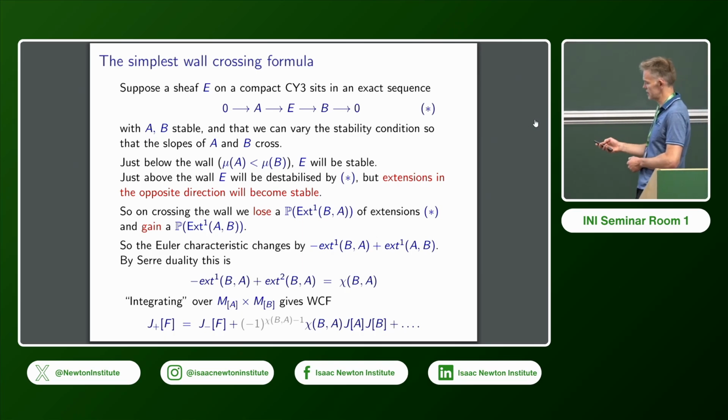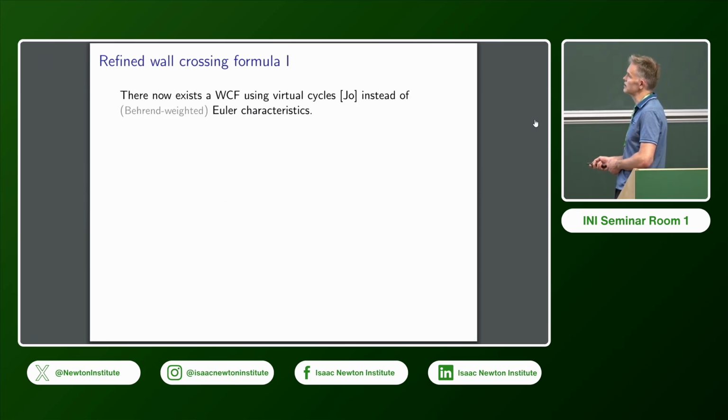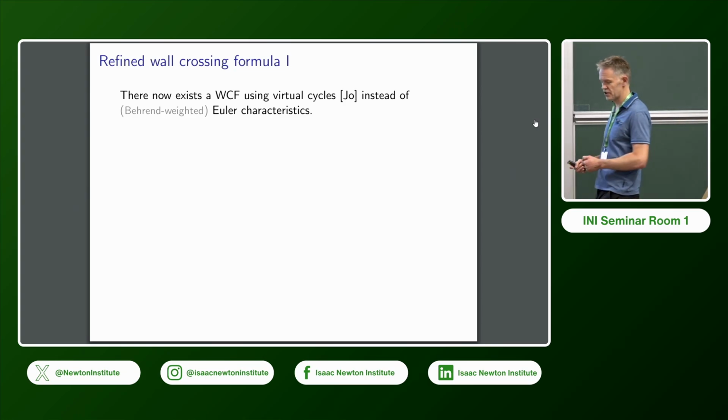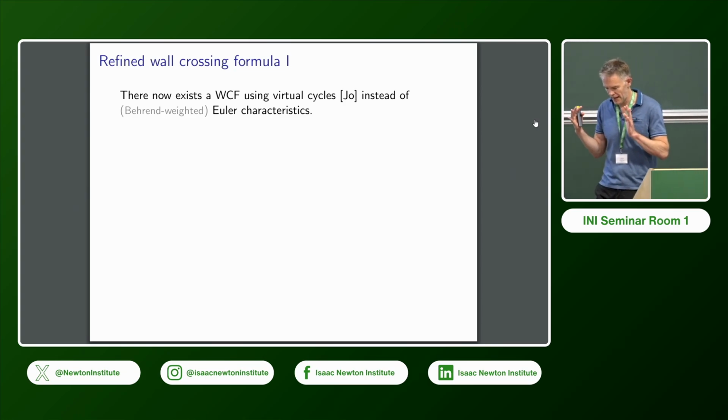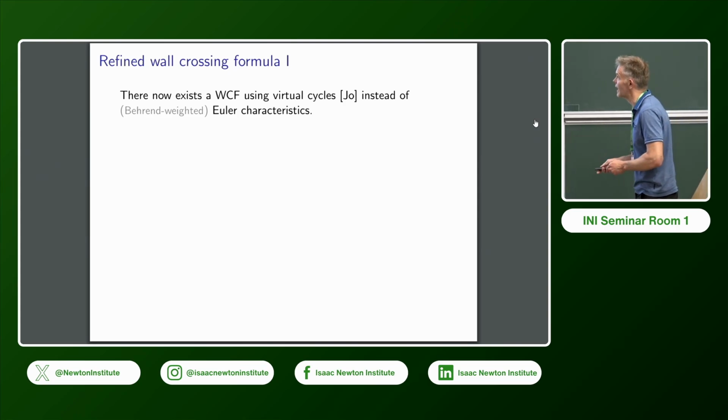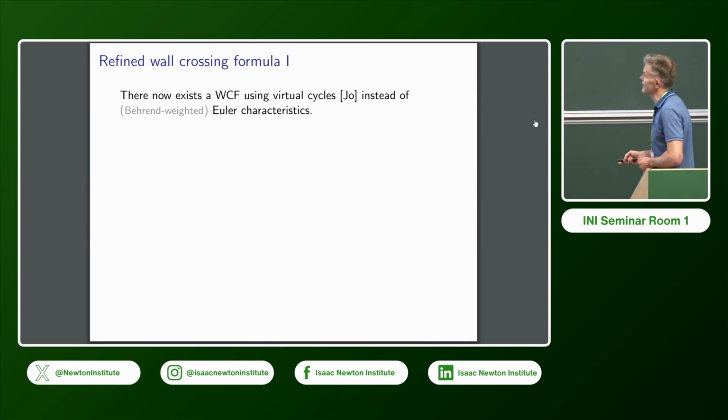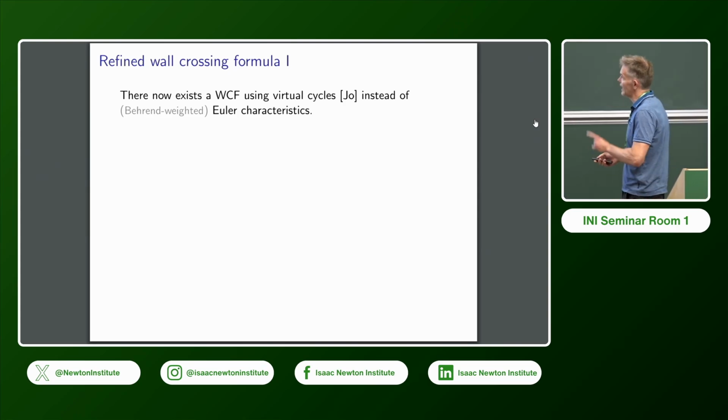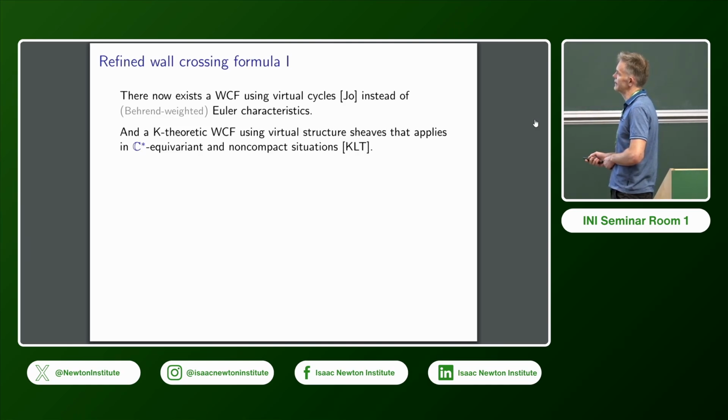So that's the wall crossing formula as it stood 10 years ago, due to Joyce and Song, Kontsevich and Soibelman. But now there's a better wall crossing formula which doesn't use these Euler characteristics and weighted Euler characteristics anymore. It uses virtual cycles. And that has a huge advantage for us, as I will try to explain in the last slide.